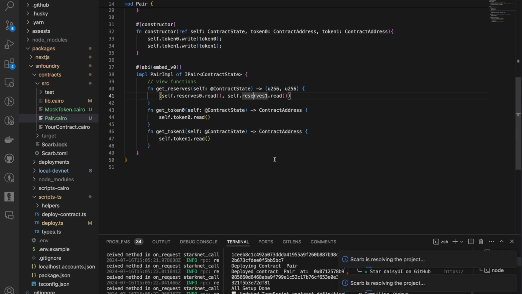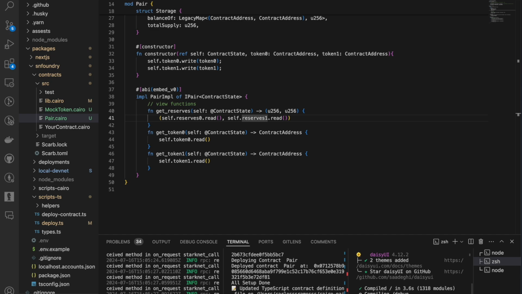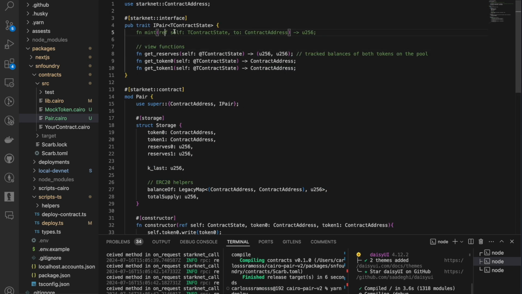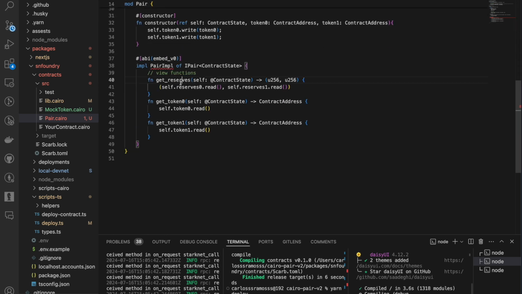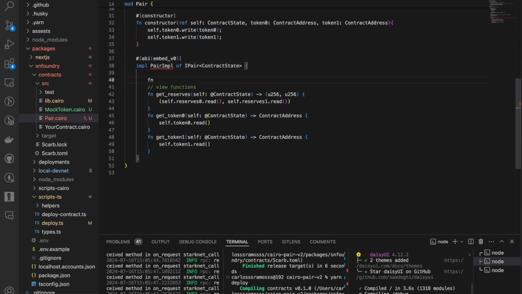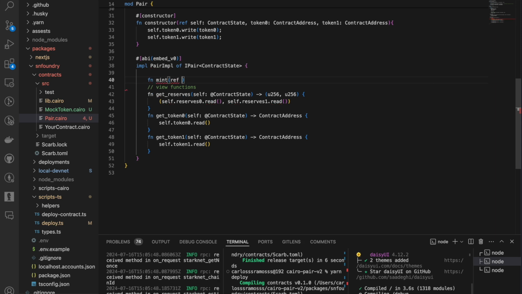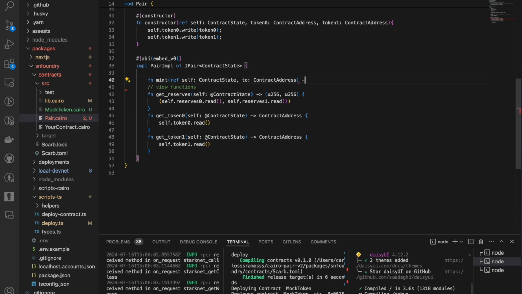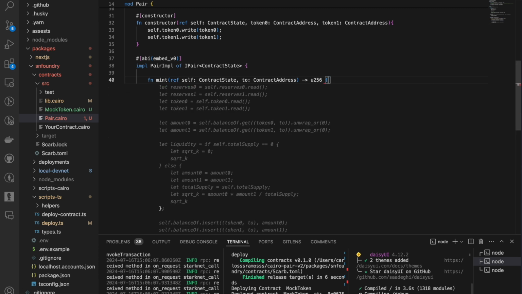Right. Now, let's see if this can compile. Okay. While this is applying, let's move into doing the mint function, the first function. So I'm going to start this function here, mint. I'm going to reference my contract state, and I'm going to write the to address, which is going to be the contract or the user that is going to receive those liquidity tokens, and I'm going to output the amount of liquidity tokens that were minted on this function.